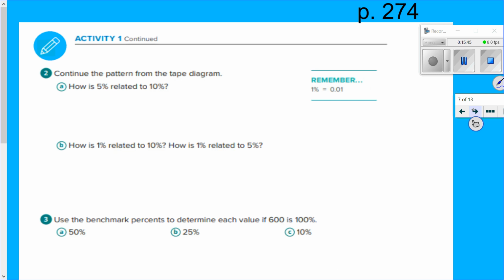So continuing the pattern from the tape diagram, how is 5% related to 10%? So what does that relationship look like? Autumn? So what's that relationship?